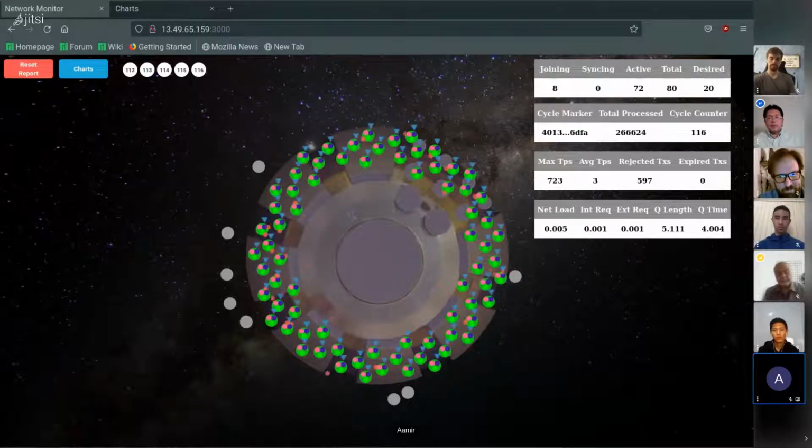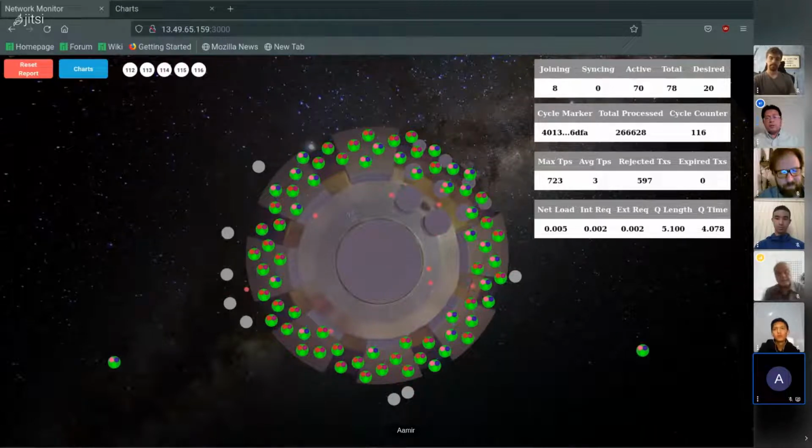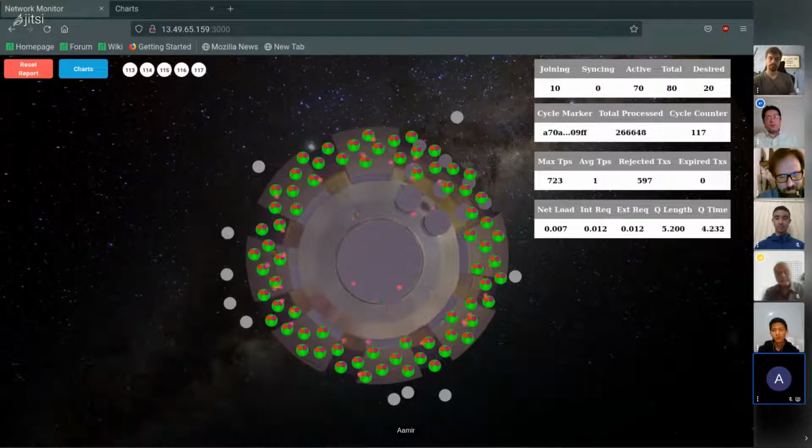So we don't want to remove too many nodes at any given time, because you could get unlucky. If you were removing 5 nodes at a time, and you removed all 5 of those nodes from the one shard, you could get unlucky and have some issues with the nodes not having sufficient data for that shard.